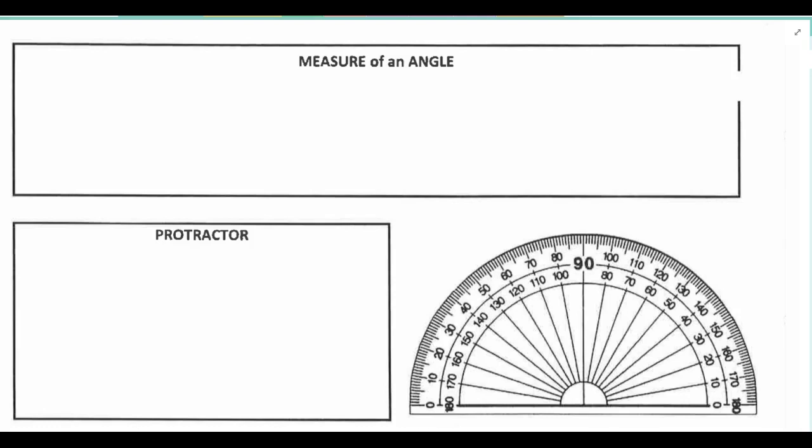We're talking about angles. So in this video we want to start talking about the measure of an angle.